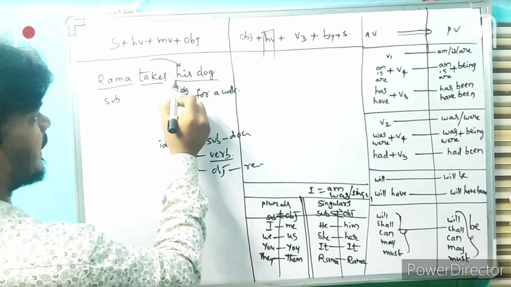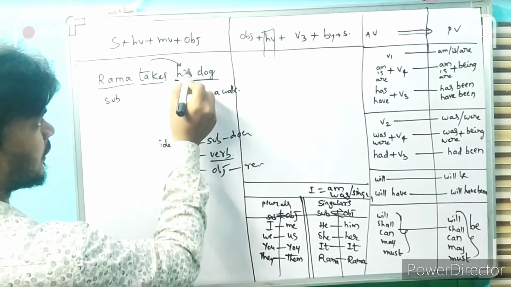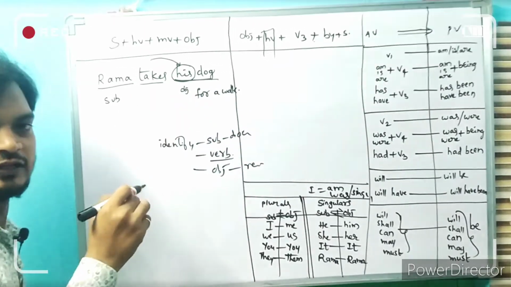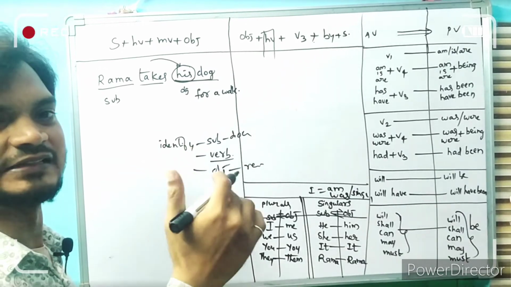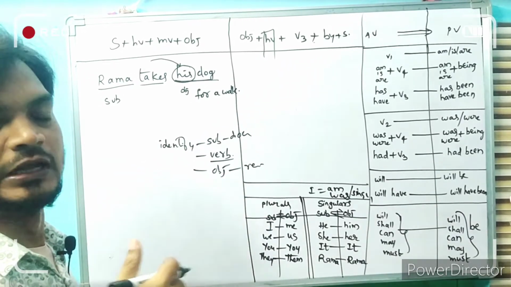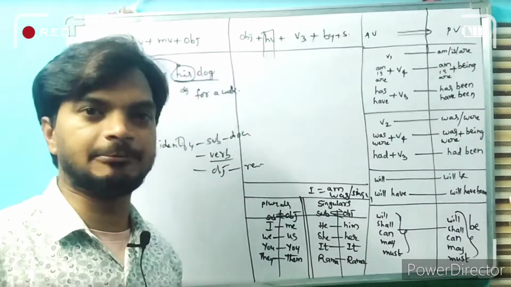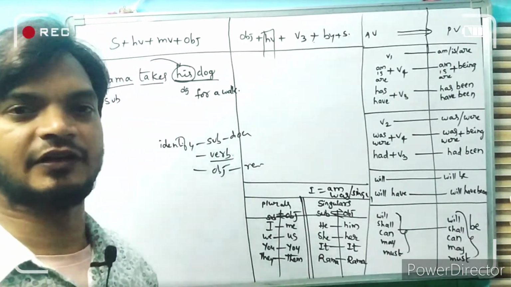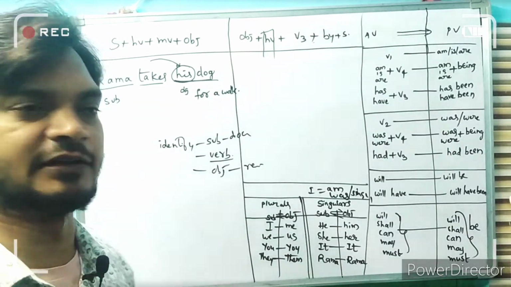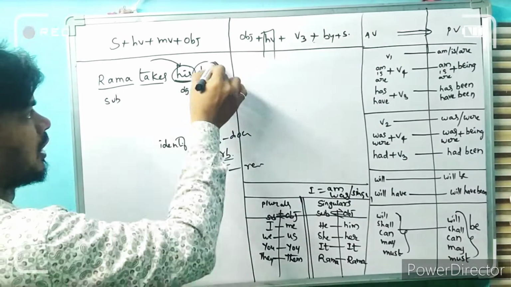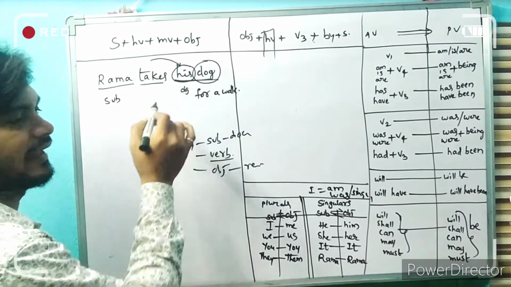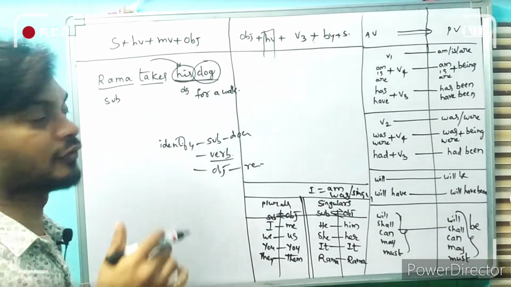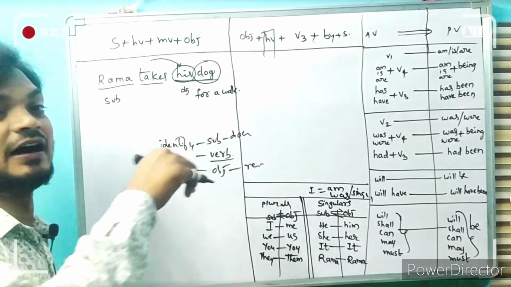So here is a dog. His is a possessive pronoun. His in the sense doesn't give any meaning. The object will be the receiver, here a noun or pronoun. Rama takes him, pronoun. Rama takes his dog.